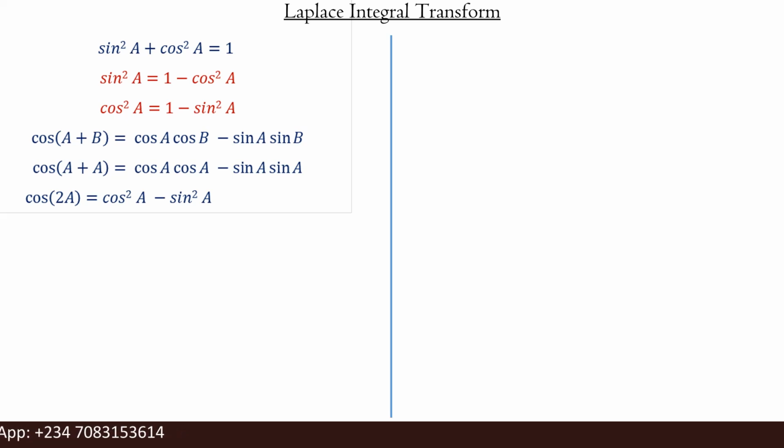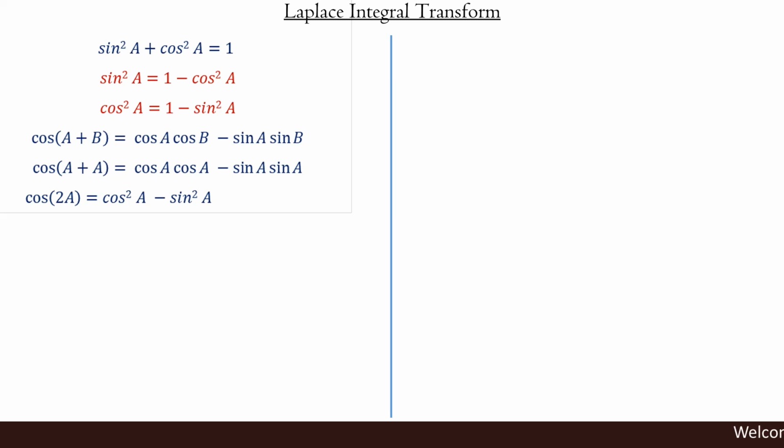Now let's go. We said that we have a value for cos squared A and we have a value for sin squared A. We can replace cos squared A with 1 minus sin squared A, and sin squared A with 1 minus cos squared A, right? Good.